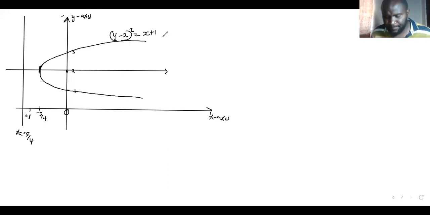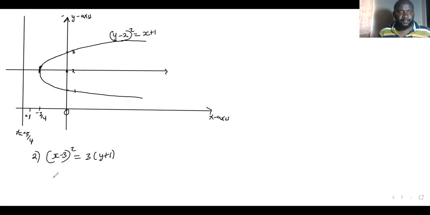Okay. The second quiz question, number 2, was x minus 3 squared is equal to 3 of y plus 1. So you need to compare this with our definition of x minus h squared is equal to 4p of y minus k.